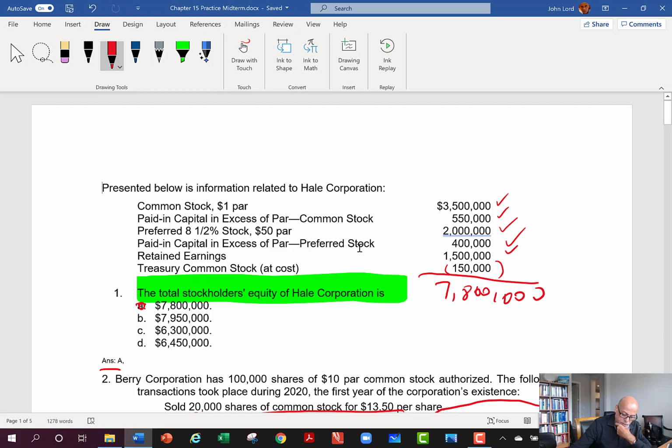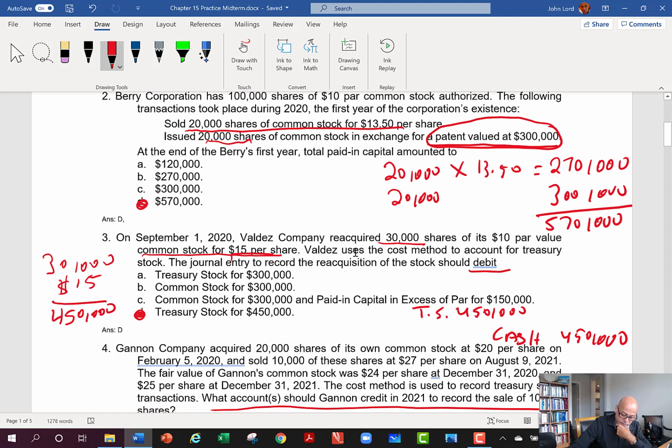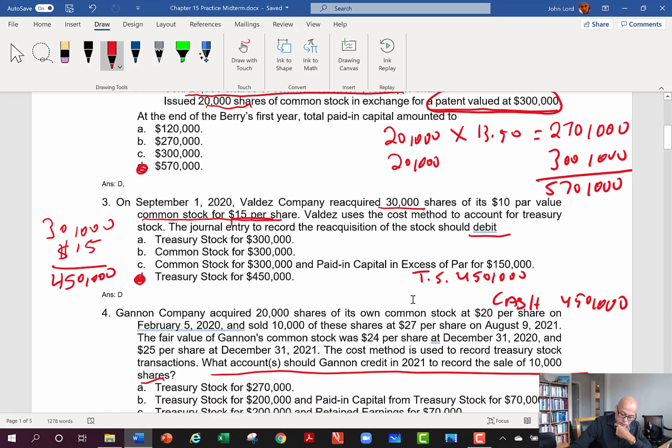So let's just take a look at what happens when they go through the process. Now, when they reacquire the shares, they're going to debit the treasury stock at $20 per share. And then when they sell the shares, they sell 10,000 shares at $27 per share. What's going to happen?